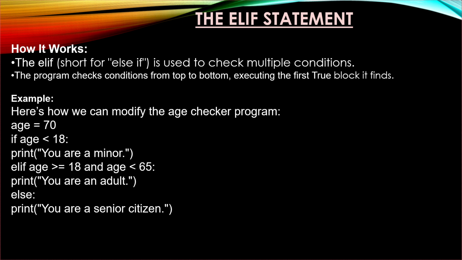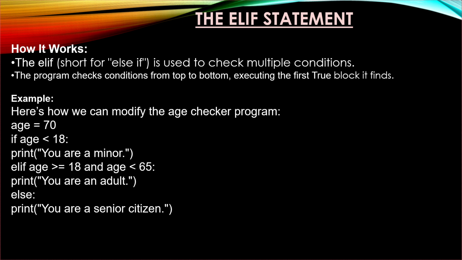And elif age is greater than or equal to 18 and age smaller than 65. The range is given here, so we can print you are an adult, or else they are senior citizen.